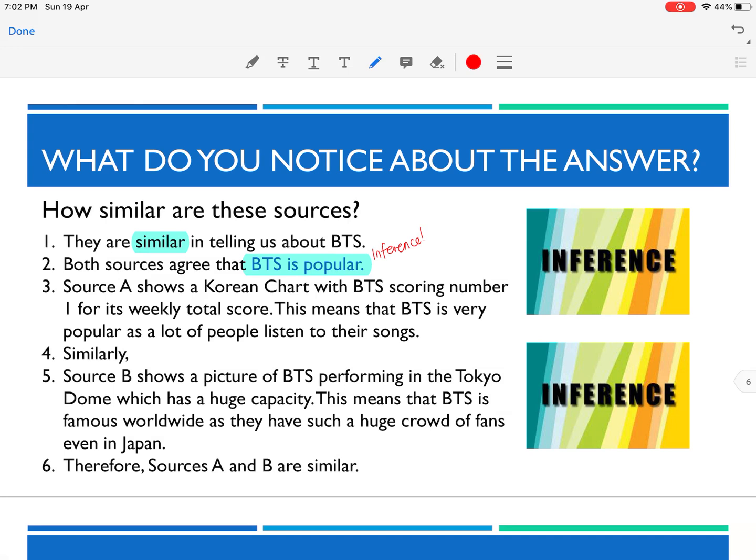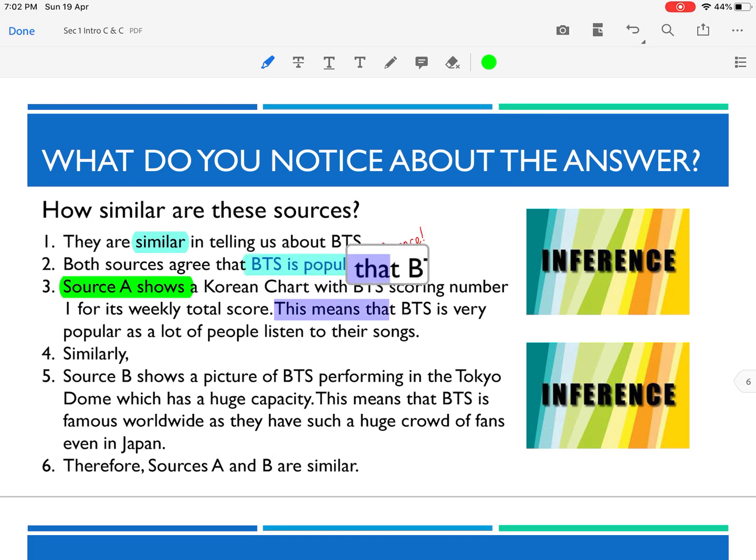And how do I back up my inference? I give my evidence from source A, and then also your explanation, and also source B with an explanation like what we did just now.